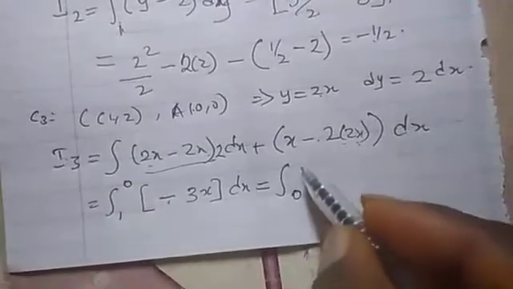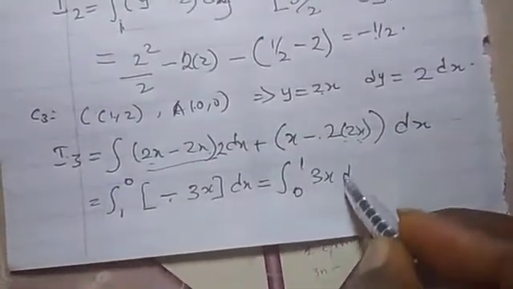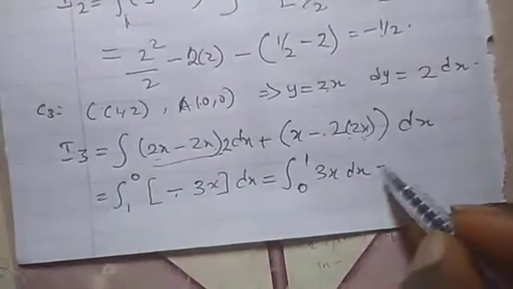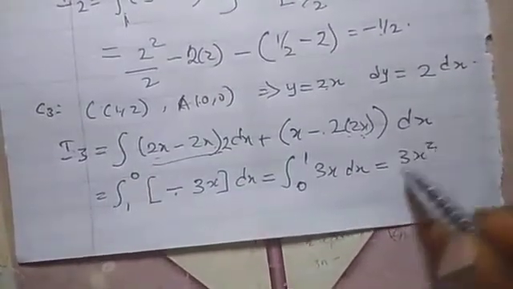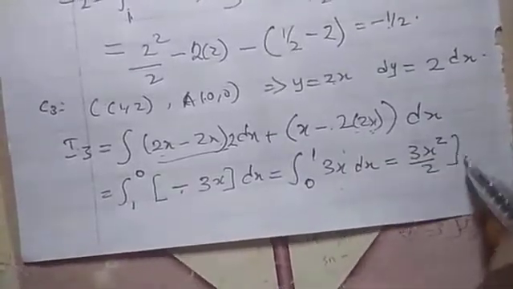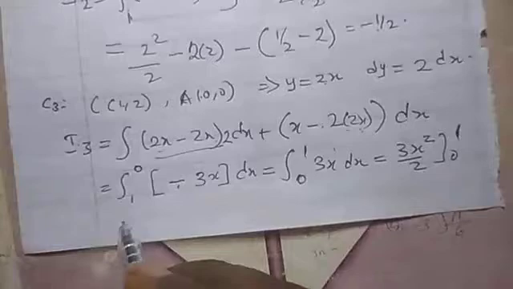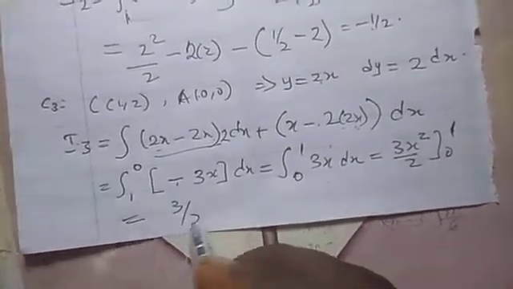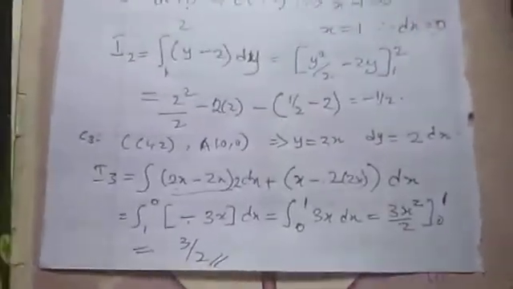That is, it will be like this, 0 to 1. It will now be ordinary 3x instead of minus 3x, because we have interchanged the boundary. So integrating this, we have 3x squared over 2, from 0 to 1. So when we put x to be 1, we are going to have 3 over 2 as our answer.